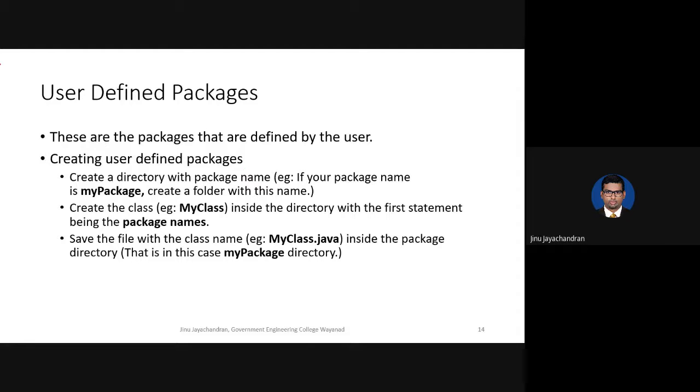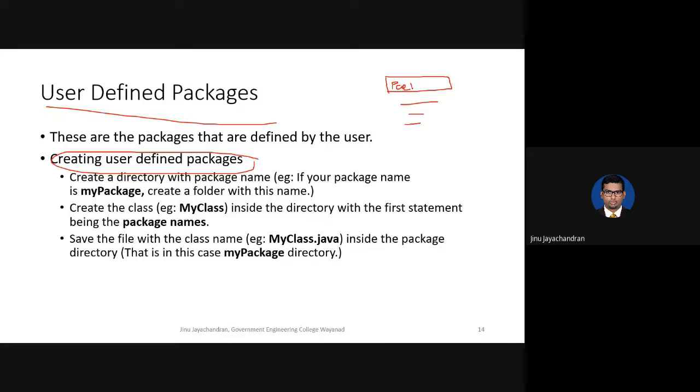Okay, fine. So, user defined packages. You can define your own package. For example, when you write a program in Java, as the first step you can say that this belongs to my package.